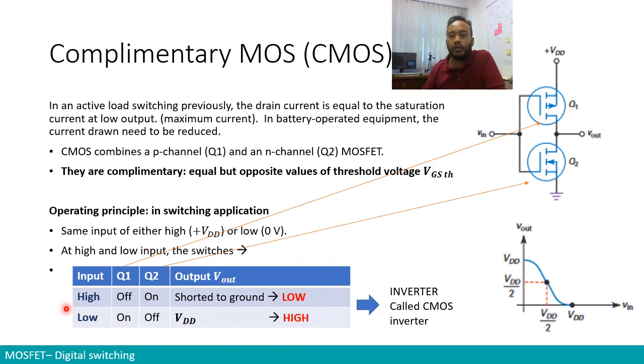If the input is high, one of the switches is going to be turned on, but the other is going to be turned off, because the threshold value is in the opposite direction. So Q1 is going to be turned off when the input is high, but Q2 is going to be turned on.